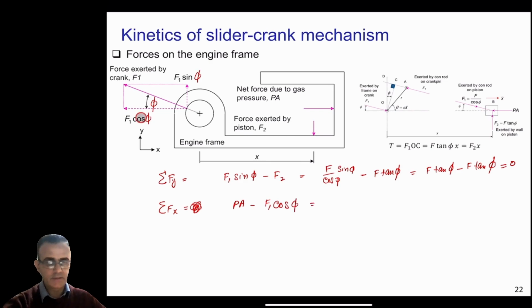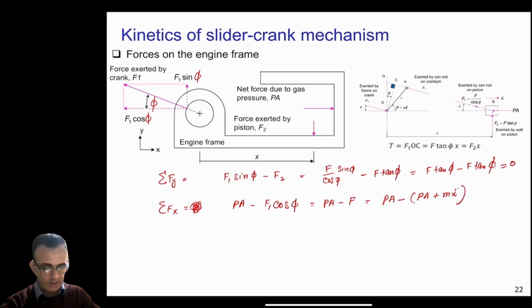So if you just simplify this equation, f1 cos pi is this one here. So f1 is equal to f divided by cos pi. So this means that f becomes equal to f1 cos pi. This means that this becomes equal to minus f here, and we know that f is equal to pa minus, this is equal to pa plus mx double dot.